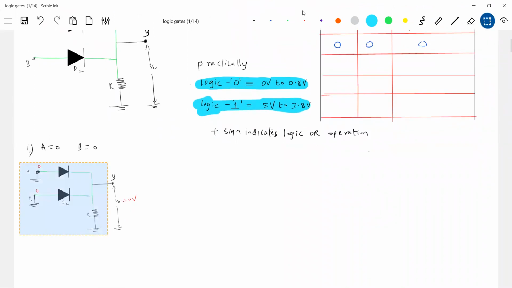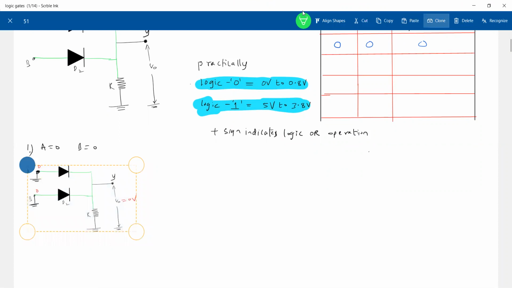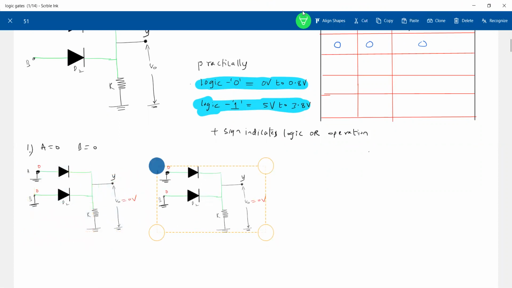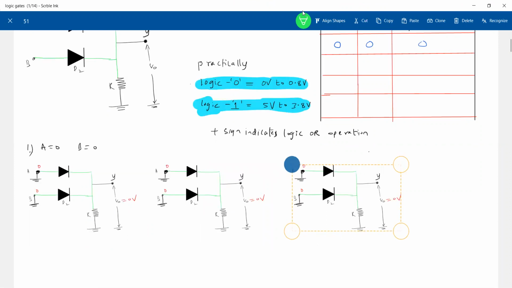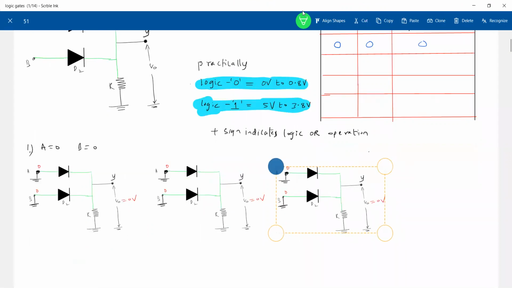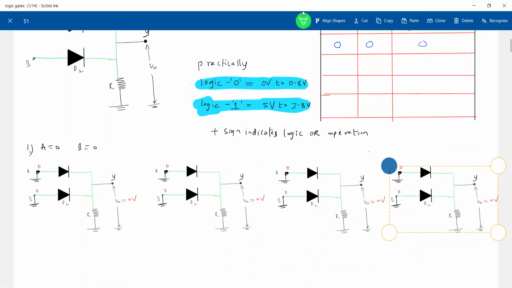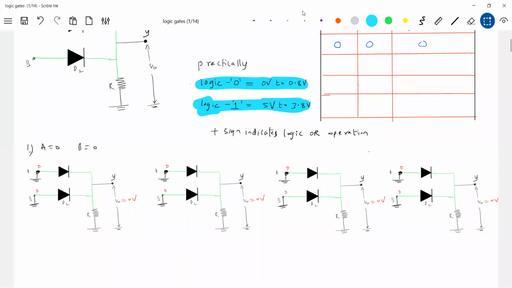Okay, let me take the next one. Second case. I'll make it the second one. A as logic 0, B as logic 1. B logic 1 means what should I do?